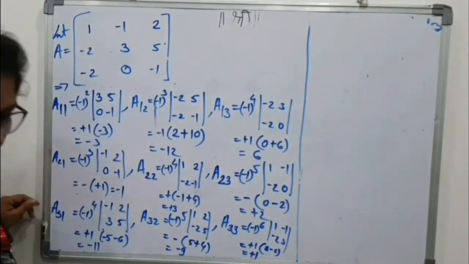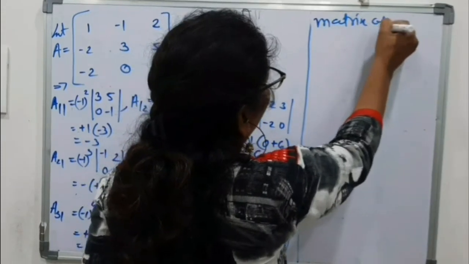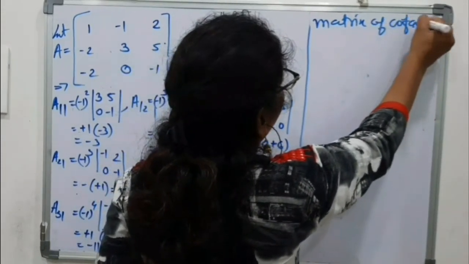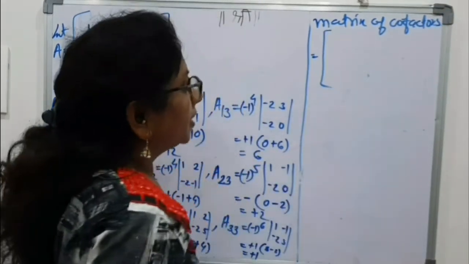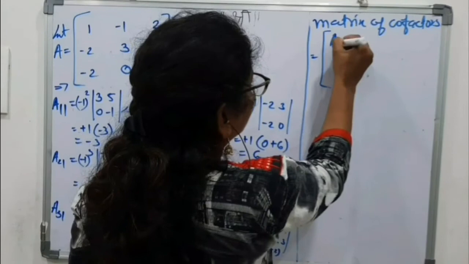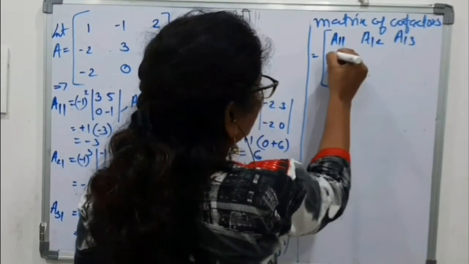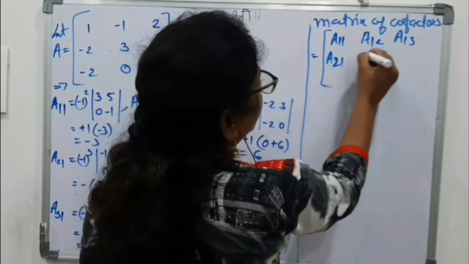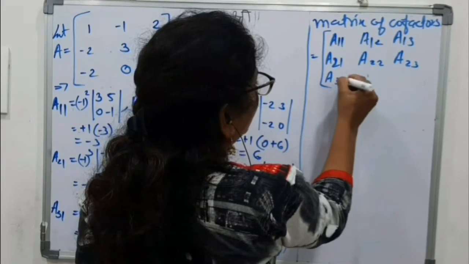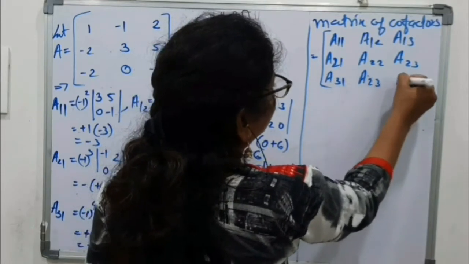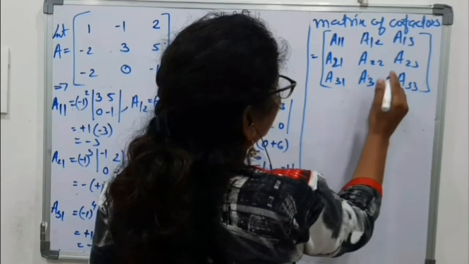Now put all these elements in the matrix of cofactors. Since this is the first example of 3 by 3, I am writing it in the form A11, A12, A13, and so on; further we will not write it like this.